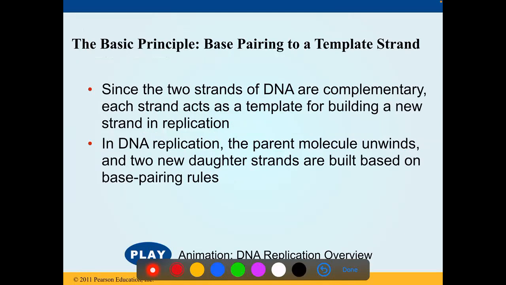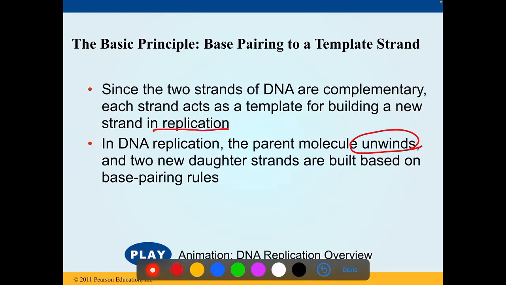Which means that they have to somehow unwind, separate, and then each strand will work as a template, isn't it? And then they'll build a new strand using these two existing strands, and we call that the replication process.